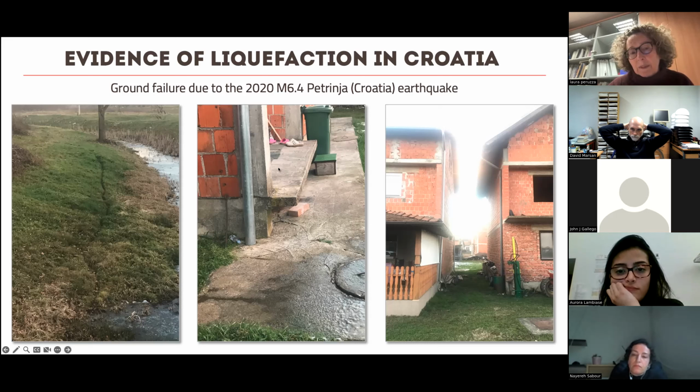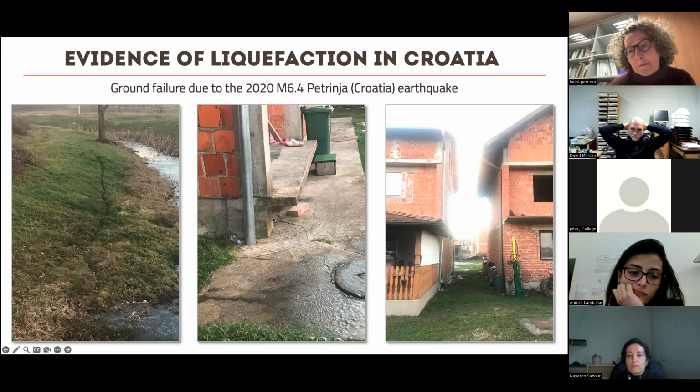So the destruction inside a city, for example, is surely due to the different vulnerability of buildings, but most of the times it is due to a different local response that comes from the last 20 meters of soil below the building.